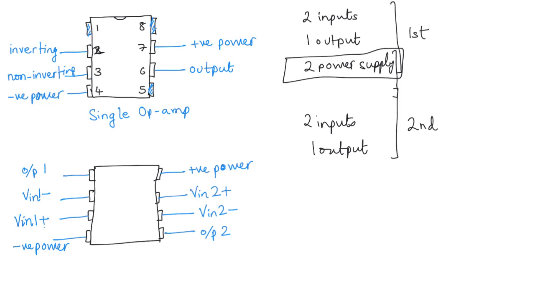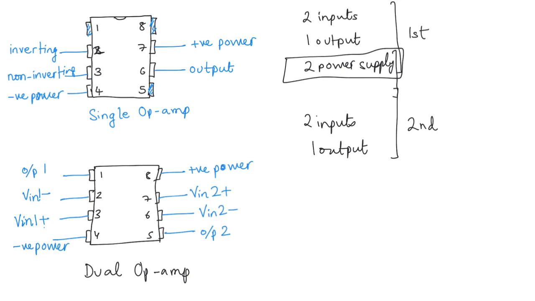Now this kind of package where we have two op amps is called a dual op amp. So in the same one package, we have two op amps available to us. You could also make quad op amps.